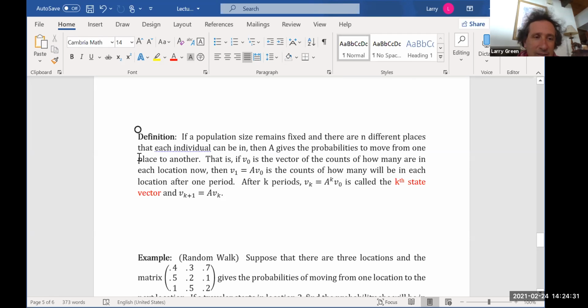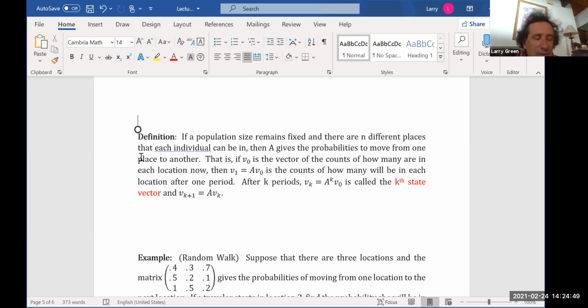Can you imagine that? So for example, let's say the first column represented California. Then the first number might be 0.6. That would mean after a year, you have a 60% chance of still being in California.